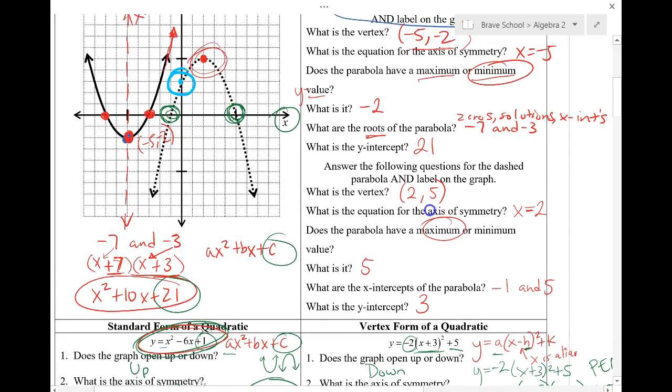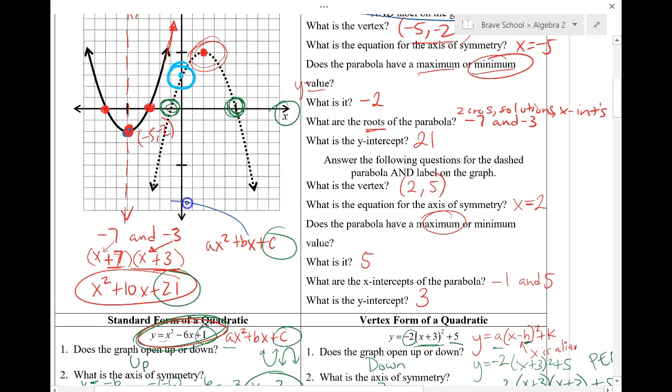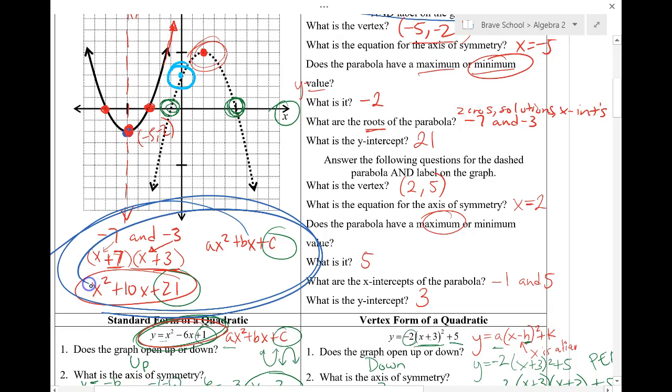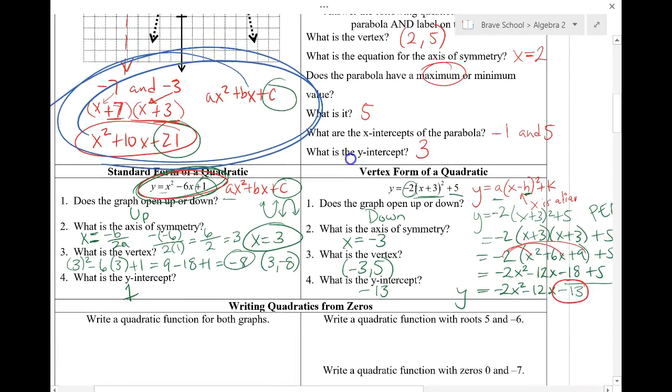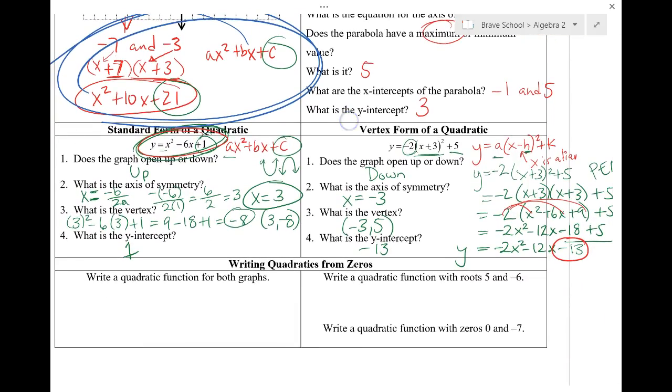The first one, we actually already did. We found that equation. It was x squared plus 10x plus 21, and we found that from the roots negative 7 and negative 3.